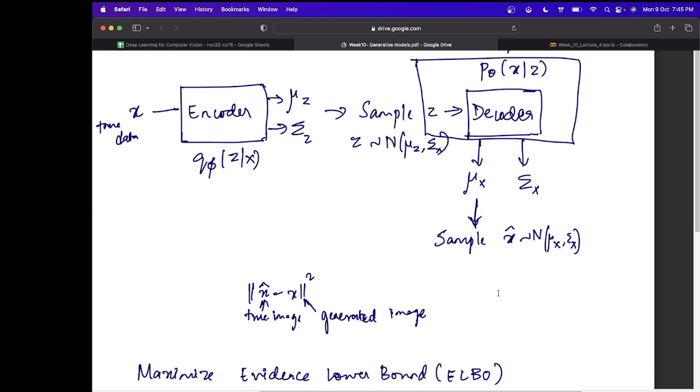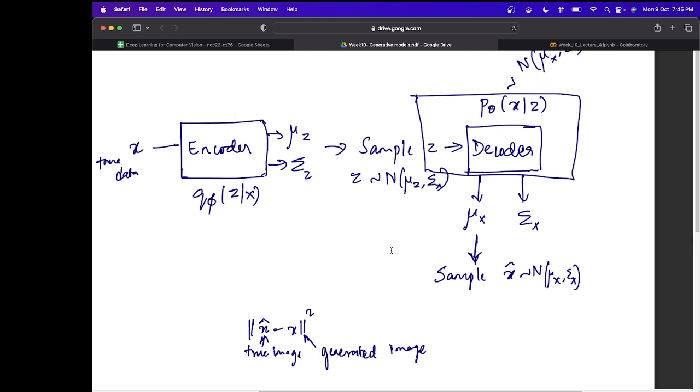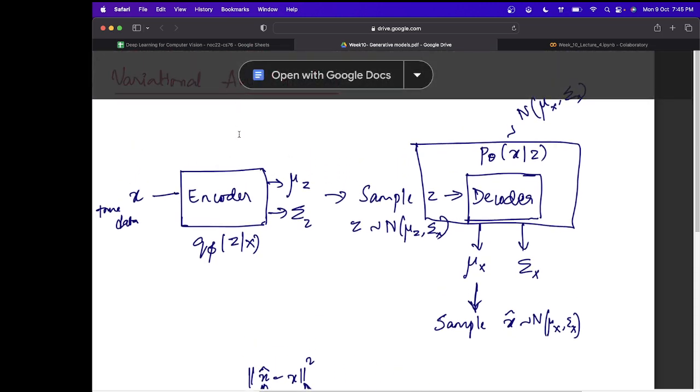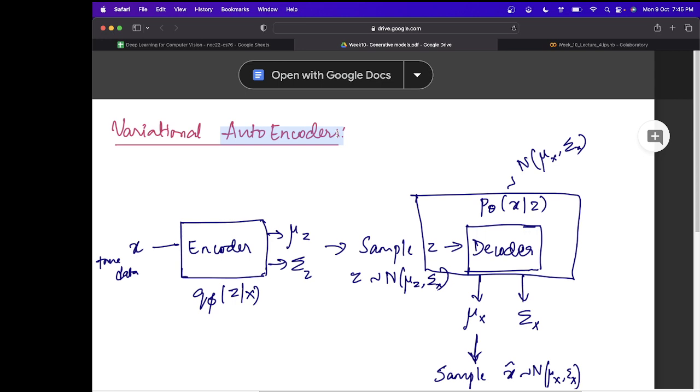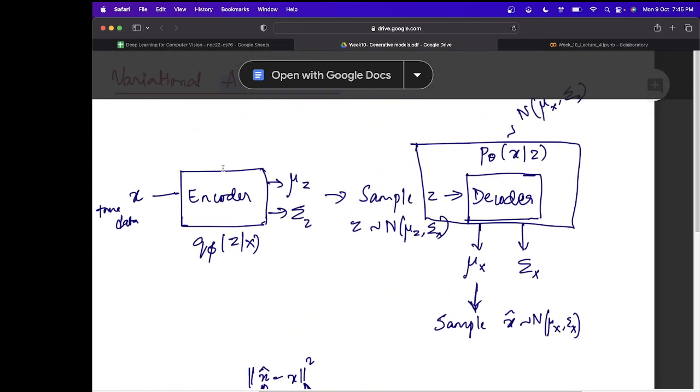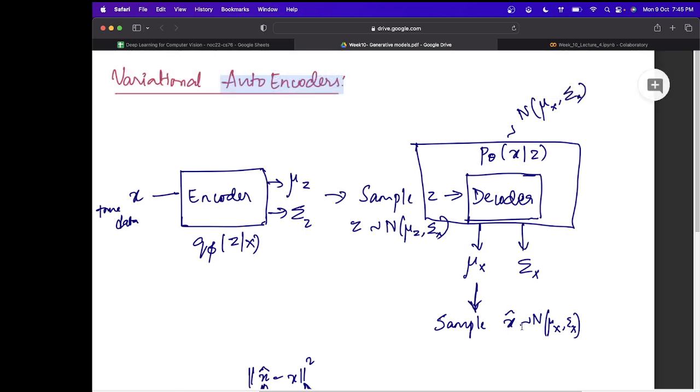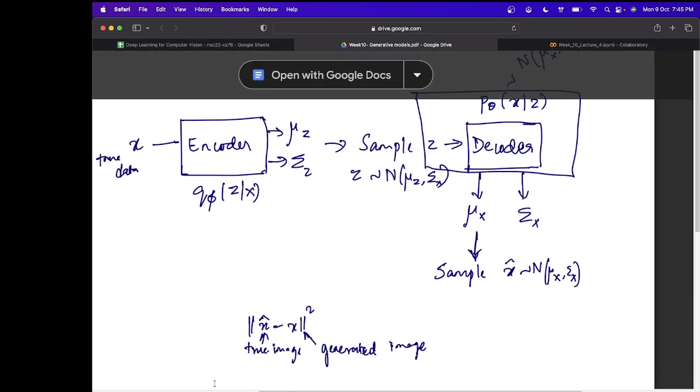Okay, so normally, like I said, in autoencoders, not the variational version, if you have an X and a predicted X hat, then the loss function is given by the true X minus the predicted X, the generated image minus the true image, and the MSE score of that.